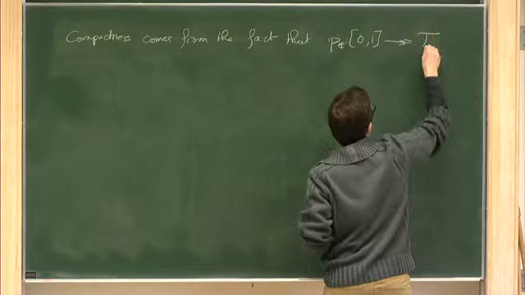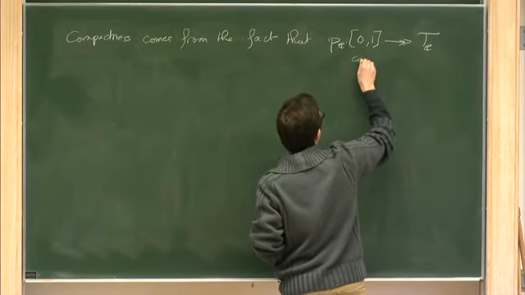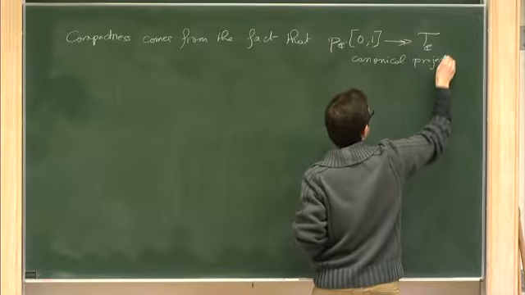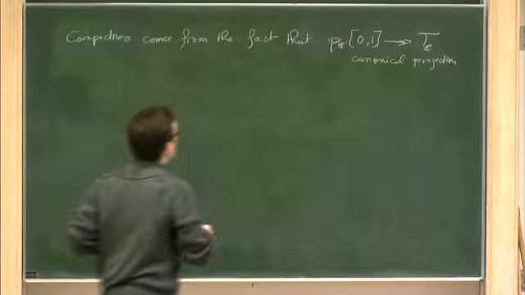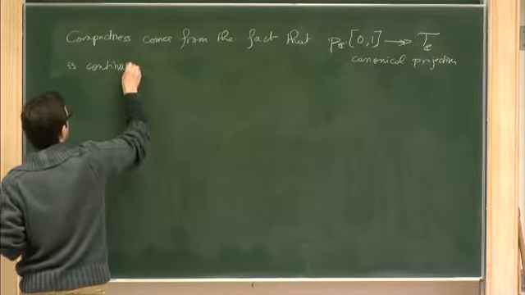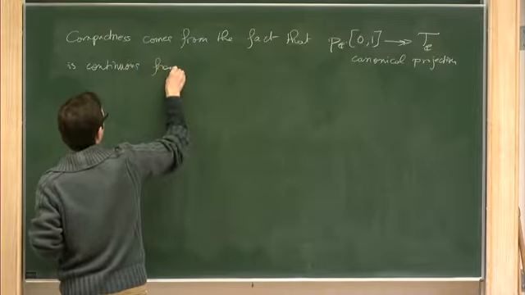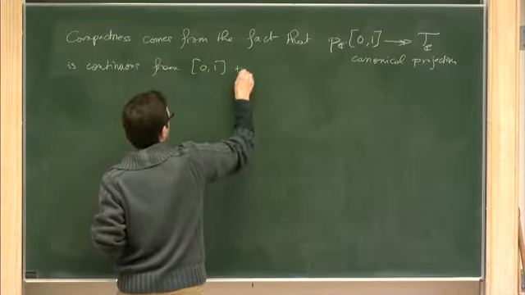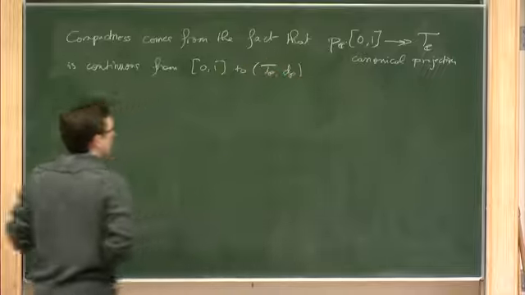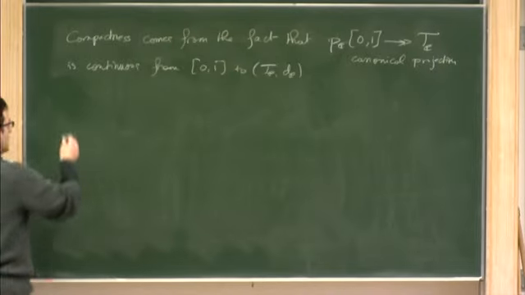The canonical projection from 0, 1 to (TE, dE) is continuous. And that's fairly easy to see, indeed.